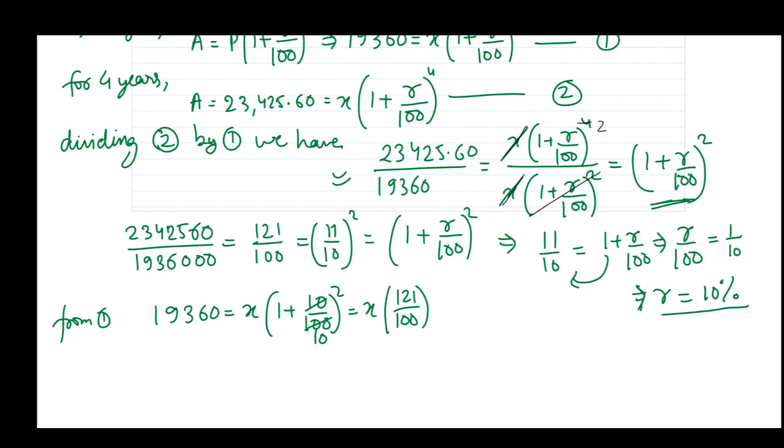You can simplify it in an easier way. From here only, x is equal to 19,360 multiplied by 100 and divided by 121, because this is a cross multiplication. This will go down, this will go up. So now it becomes 19,360 divided by 121, and if we solve it, we get 160 and 200.